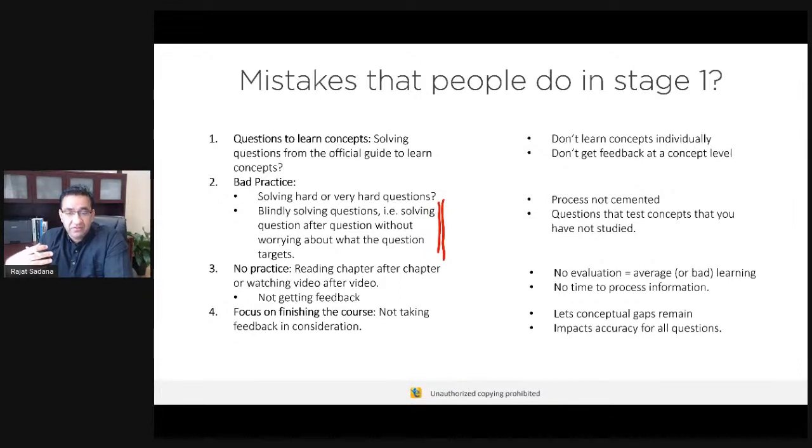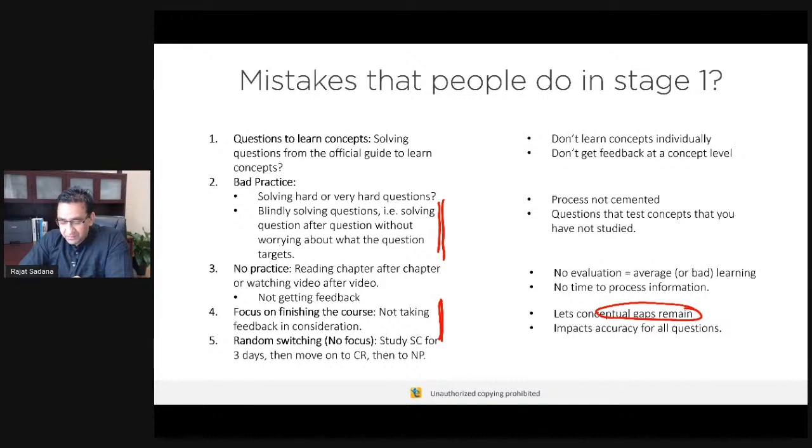Doesn't matter if the course was telling me that hey, you didn't do that particular parallelism quiz properly. You still have conceptual gaps, and I say, I've got to finish that course in 5 days, I'm going to do that. No, acing the test is not about finishing the course. It's about excelling in it. If you don't excel in it, you're going to have those conceptual gaps, and they're going to haunt you later on.